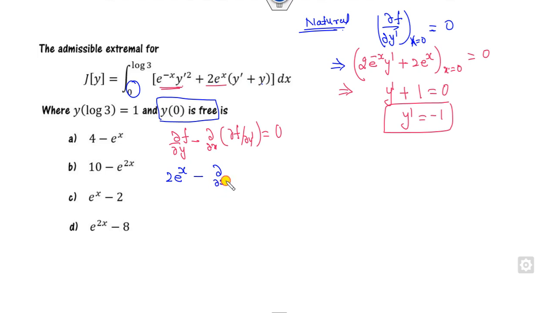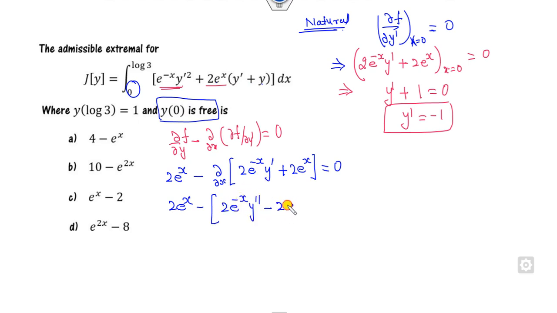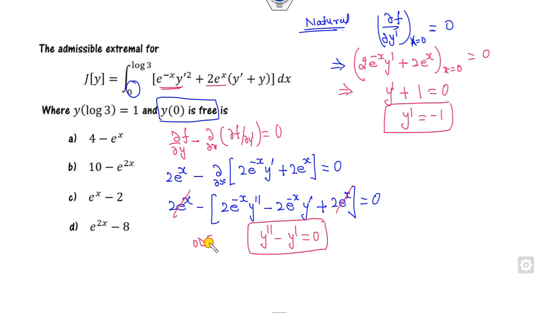With respect to y dash it is 2 e raised to power minus x y dash plus 2 e raised to power x equal to 0. Taking the derivative with respect to x, y double dash minus 2 e raised to power minus x y dash plus 2 e raised to power x is 0. Now e raised to power x is common and cancels out, 2 cancels out, giving y double dash minus y dash equal to 0. This is a simple ordinary differential equation.